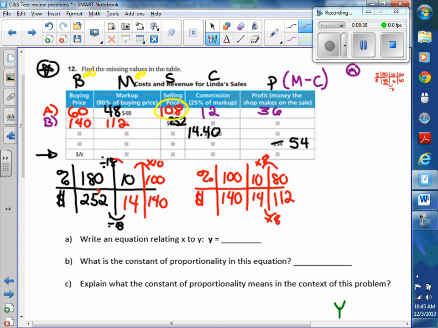So for the markup, 25%, the commission, I'm just going to take the 112 and divide it into 4, right? To get the commission. So if I take 112 and divide it by 4, half of 112 is 56, so half of 56 is 28. $28. So far, so good. And then the profit is 112 take away 28.